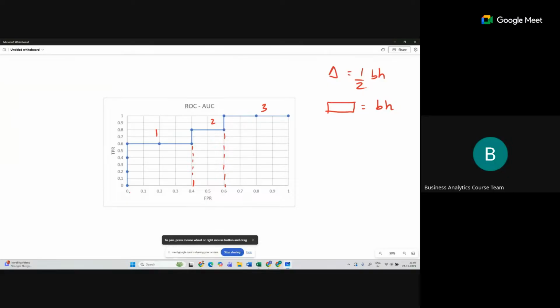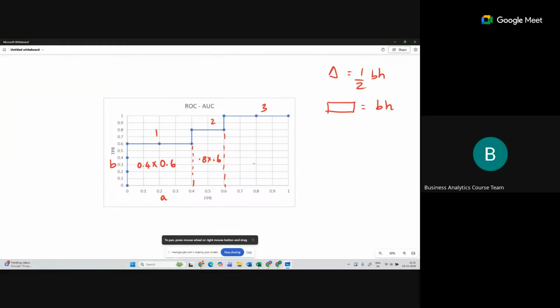So what is the length? 0.4 into 0.6. 0.6 is the breadth and 0.4 is the length. Similarly, how much is this second one? 0.8 is your base, 0.8 into 0.6.